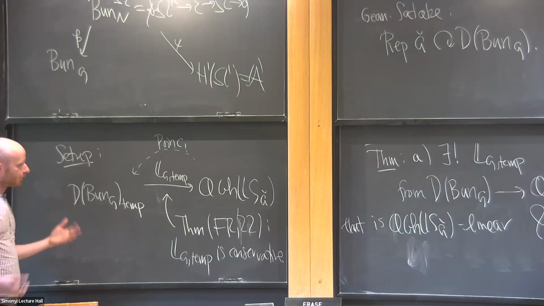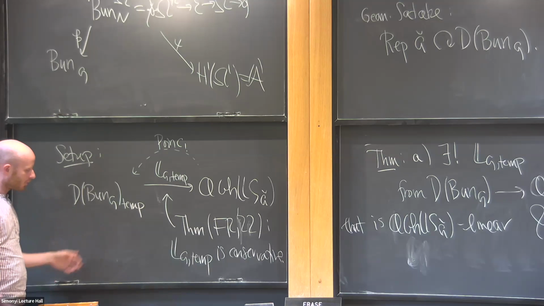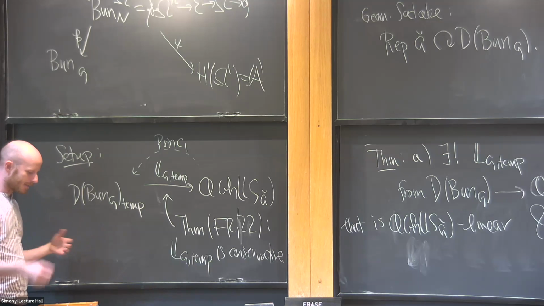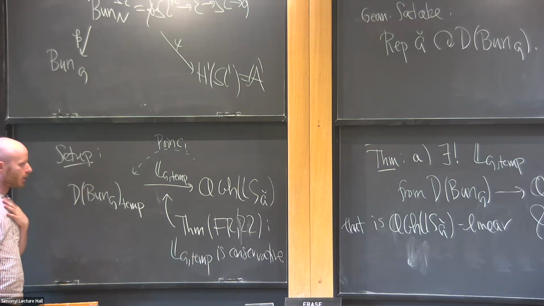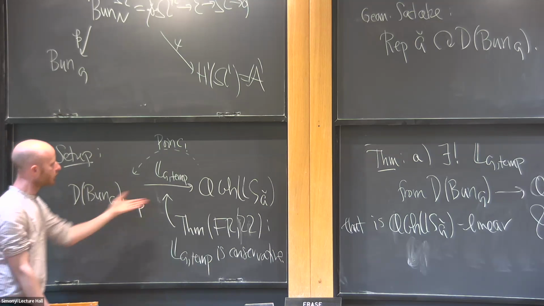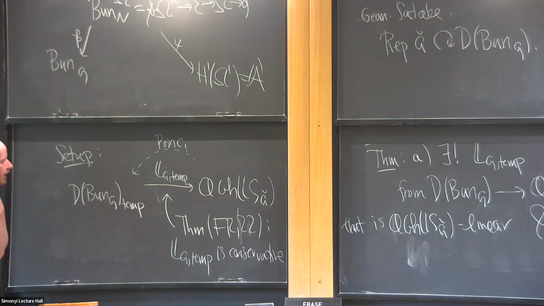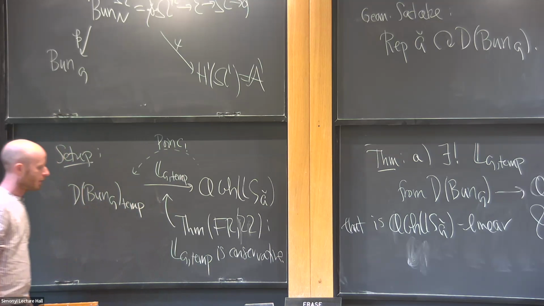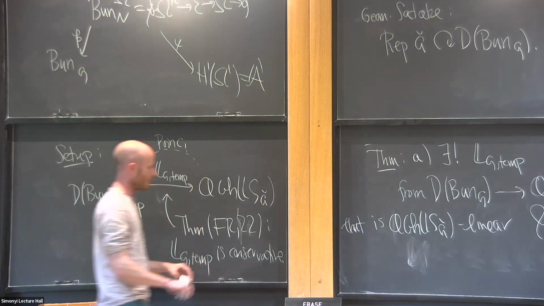I'll just say the proof for GL_N uses the Mirabolic group. Some version of this theorem, I should say, was known before for GL_N. And you should think that it's kind of copy-pasting the proof of multiplicity one for automorphic forms for GL_N.